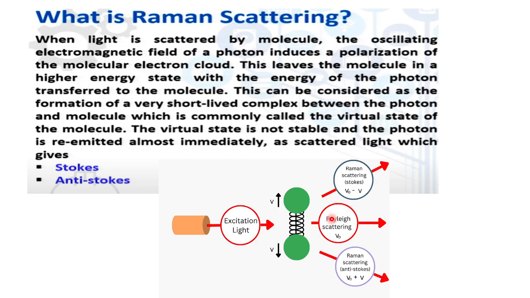If the emitted radiation has a different frequency, there are two different scatterings. One is the Stokes, if the radiation frequency is lesser than the incident frequency, that is nu 0. If it has a higher frequency, that is nu 0 plus nu, it is called the anti-Stokes. Is it clear here? What is Rayleigh, what is Stokes, and what is anti-Stokes?